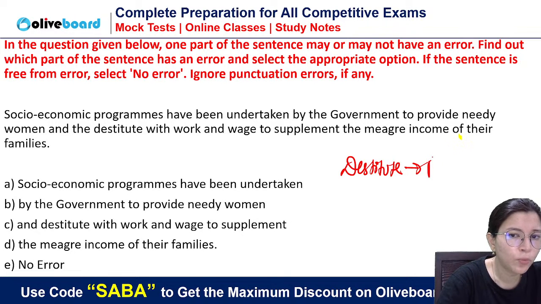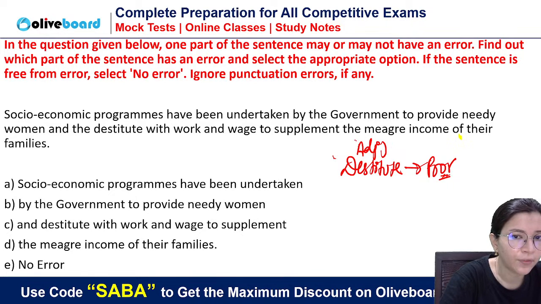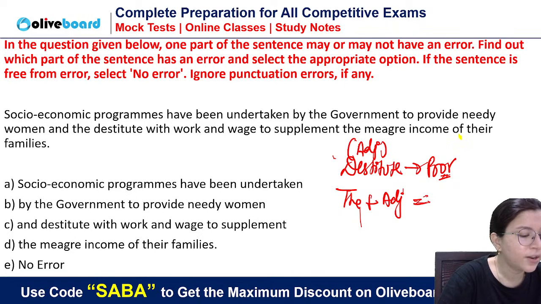Destitute word we call to poor. Destitute means poor. Now please pay attention here. Destitute means poor. And what is the parts of speech? It is an adjective. Destitute is an adjective. If we say the plus adjective, it means it refers to the entire community.